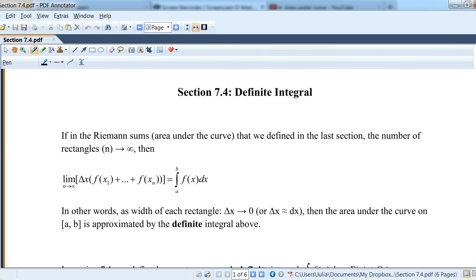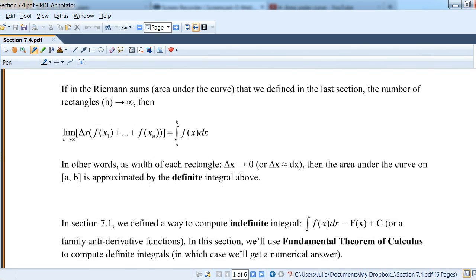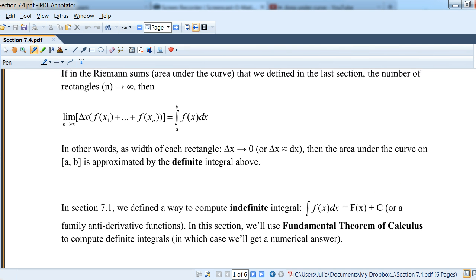Now we're going to use something called the Fundamental Theorem of Calculus, which is that amazing theorem. I think I mentioned it before, where you can relate the area under the curve to something like the antiderivative, which are supposedly two different ideas to begin with, but they are related.